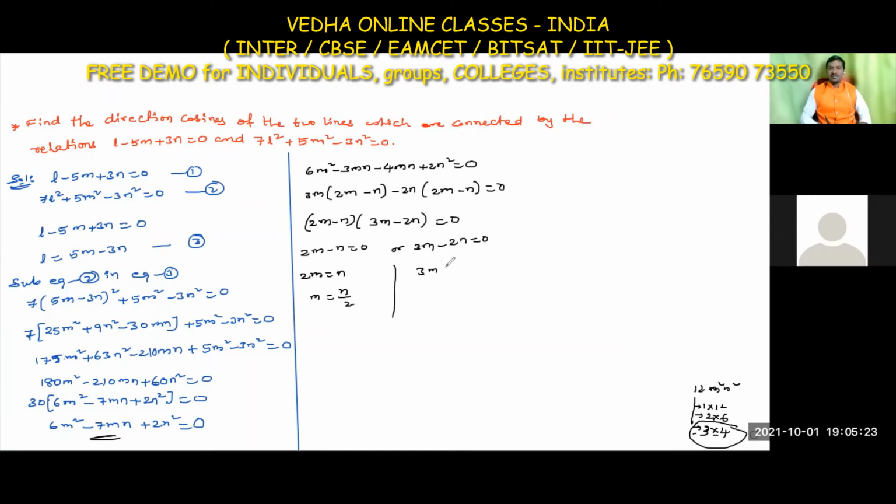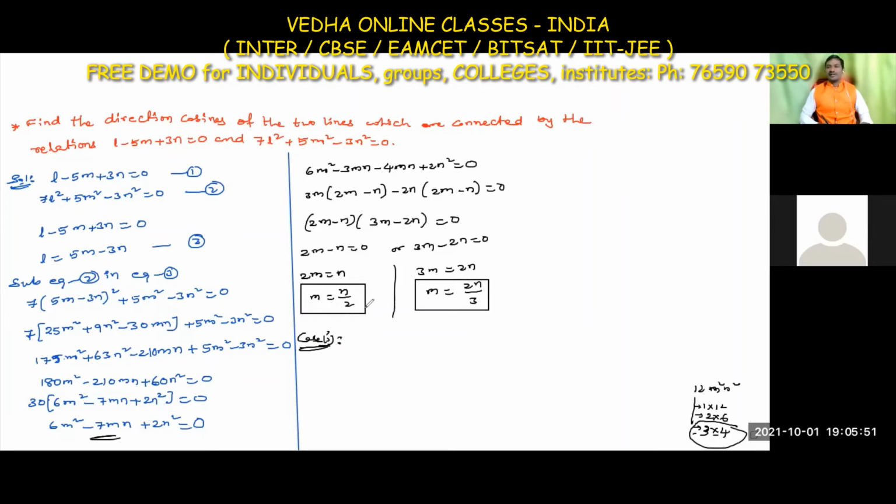Here also 3m equals 2n, and m equals 2n by 3. These are the two m values. Now substitute these m values in equation 3. Case 1 and case 2.